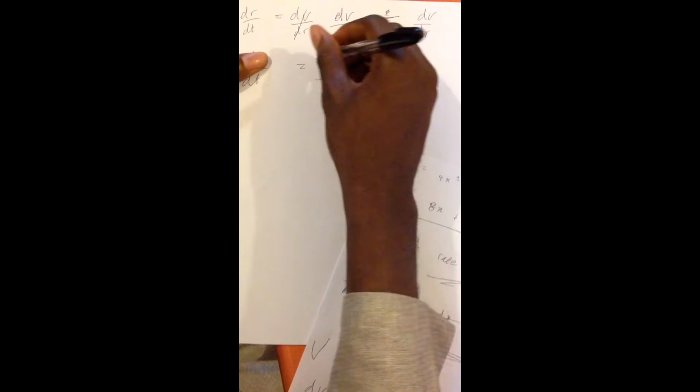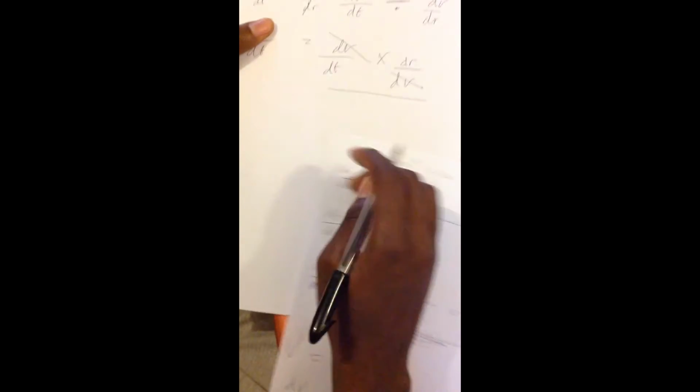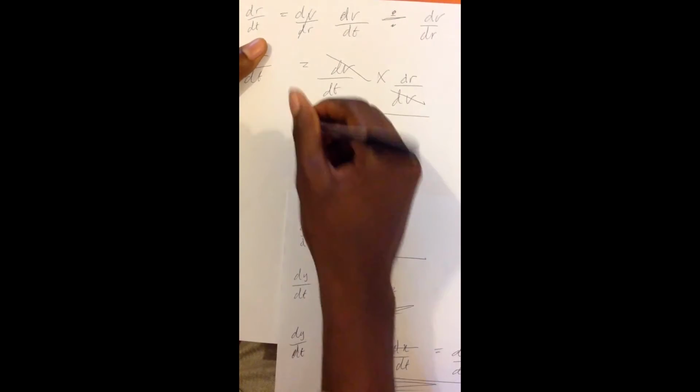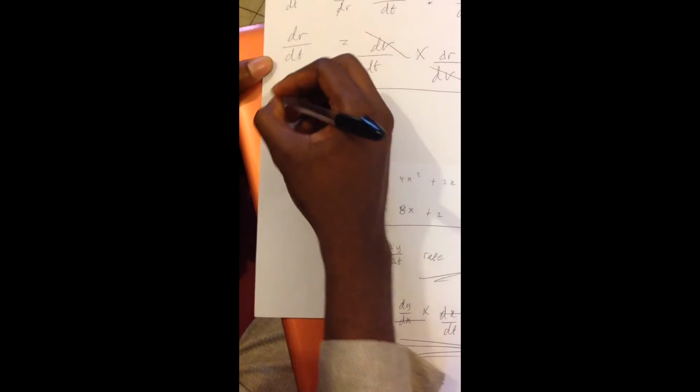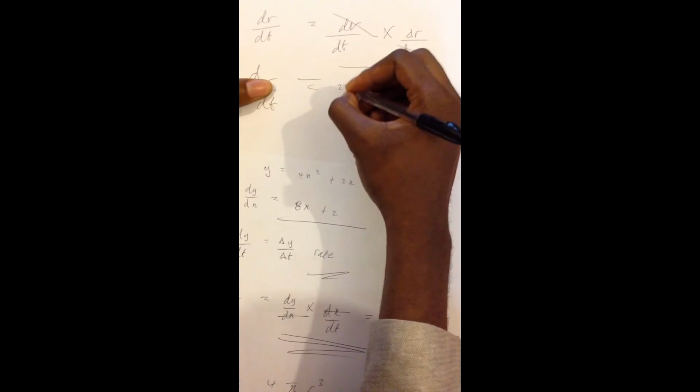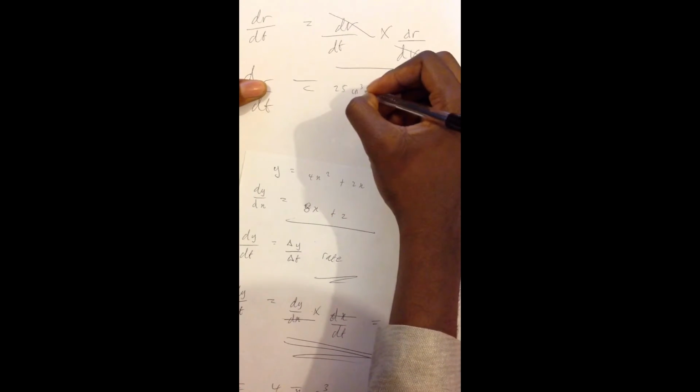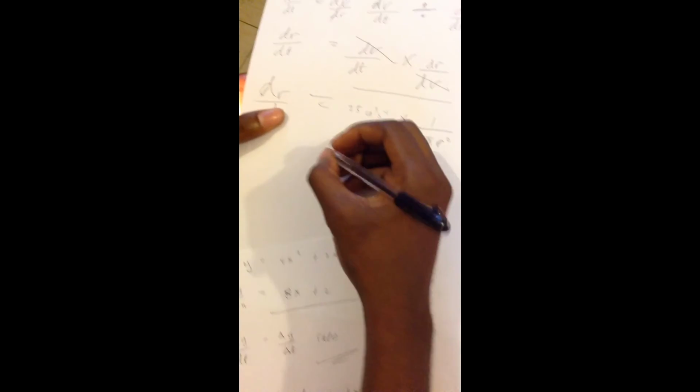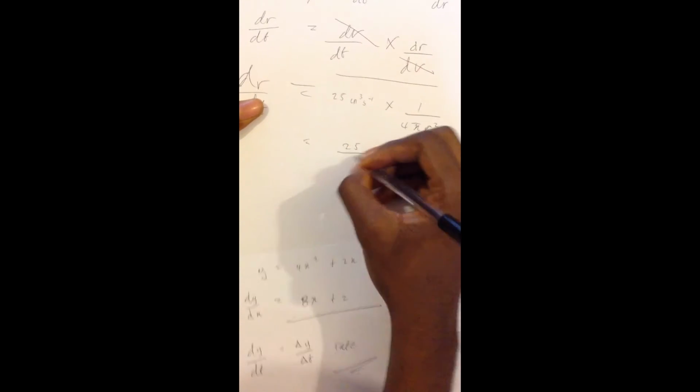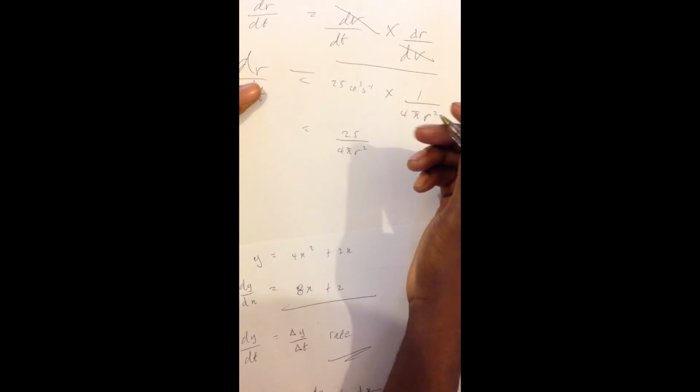And then from what we know, this should cancel out. So if we substitute values into this, we will get dr/dt is equal to dV/dt, which is 25 cubic inches per second, times 1 over 4 pi r squared, which is the inverse of this, as shown here. This will equate to 25 over 4 pi r squared.